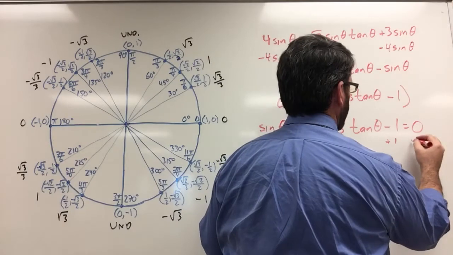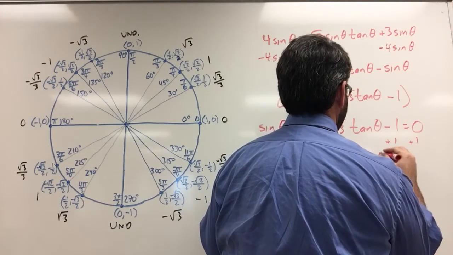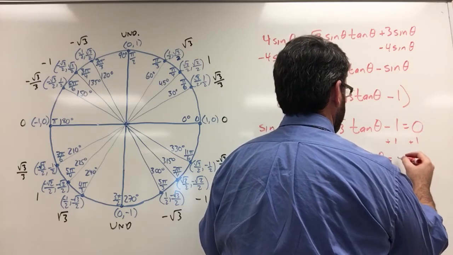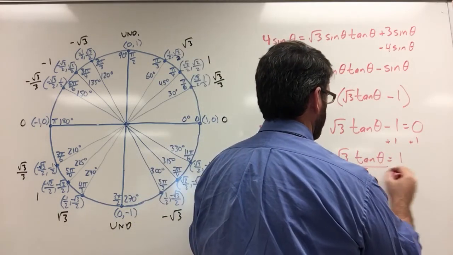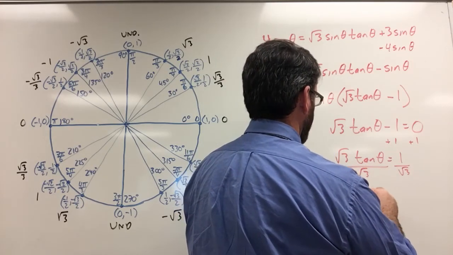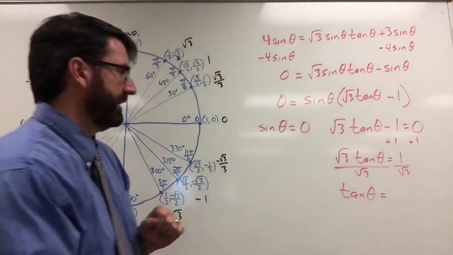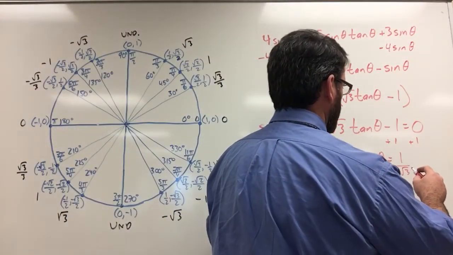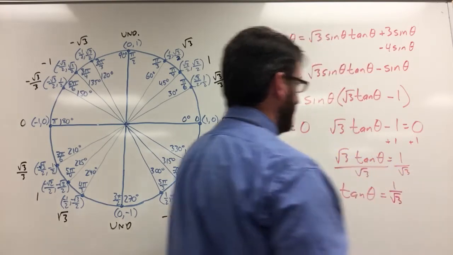Let's add 1 to both sides. So it's going to be equal to 1, and then divide both sides by the square root of 3. So we get tangent theta is equal to 1 over the square root of 3.